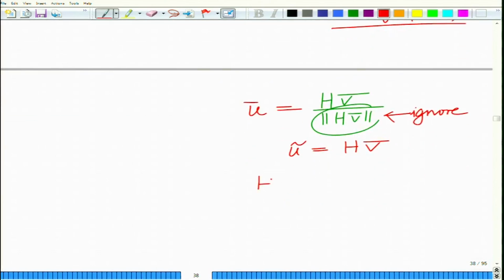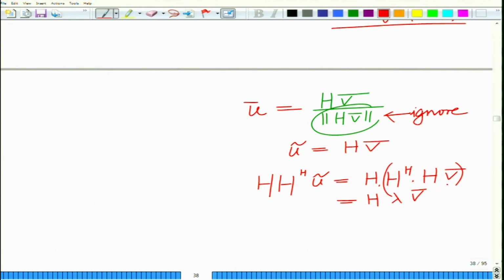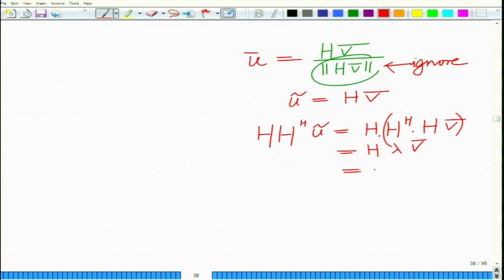Now look at this, now perform H Hermitian U tilde equals H Hermitian into H V bar, but V bar is an eigenvector of H Hermitian H, correct. So H Hermitian H V bar is equal to lambda V bar. So this is lambda times H V bar, but H V bar is U tilde.